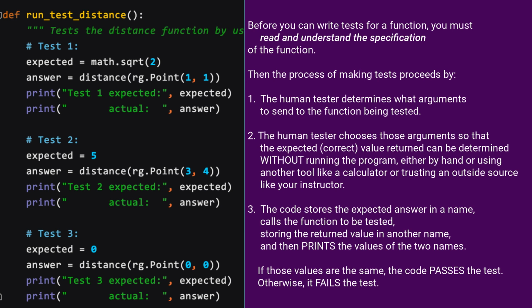The code stores that expected answer in one name, expected, calls the function being tested, here distance, on the test case, for example, RG point at 3, 4, and then captures that returned value in another name, here, actual. And then the code prints expected and actual, and the human can look at the two to see if they're the same. Fancier testing would automate the process of comparing the two, but we'll just keep it simple here for the first part of this course.